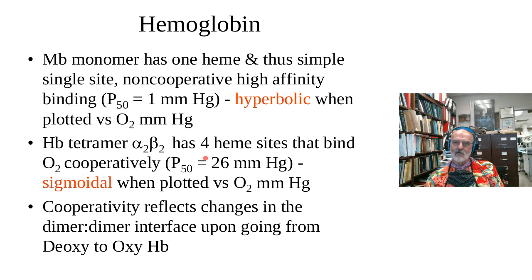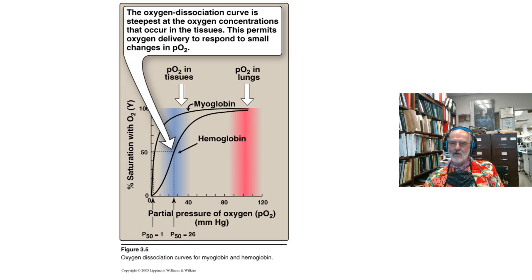The average binding site, the P50 or the midpoint, is around 26 millimeters of mercury. So its binding is sigmoidal when plotted versus oxygen concentration. So the cooperativity reflects changes in the dimer-dimer interface upon going from deoxy to oxy hemoglobin.